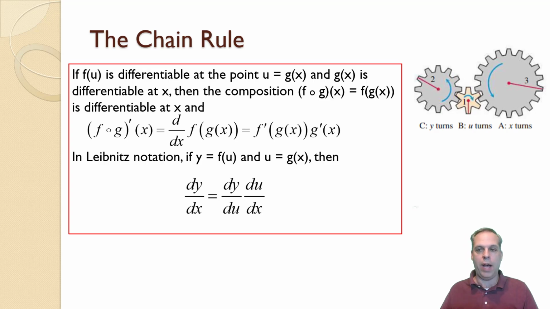So if you look at y and u, every single time that the small wheel rotates twice, we have to get that the big wheel, C, will rotate once.